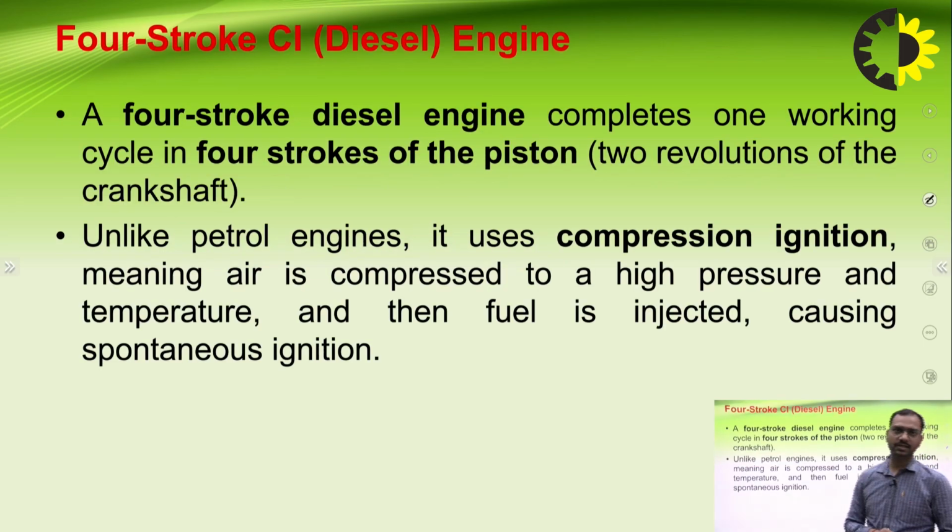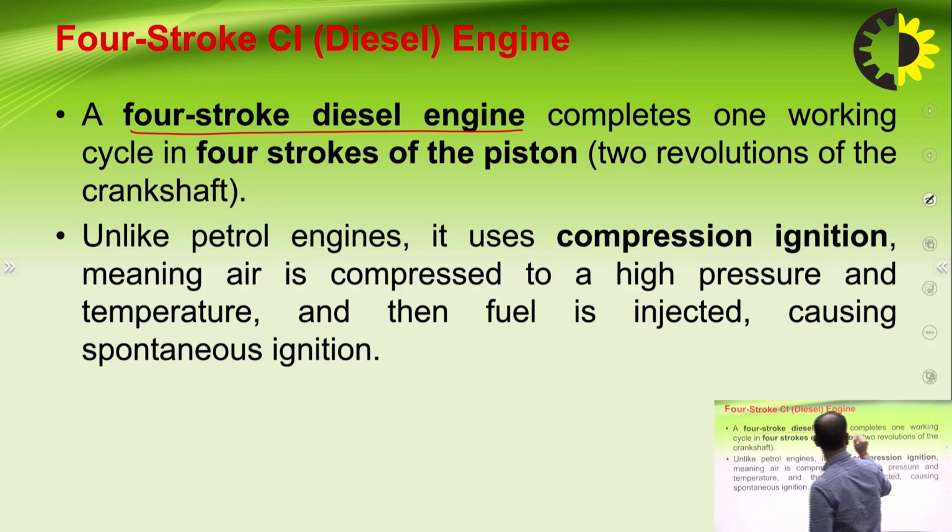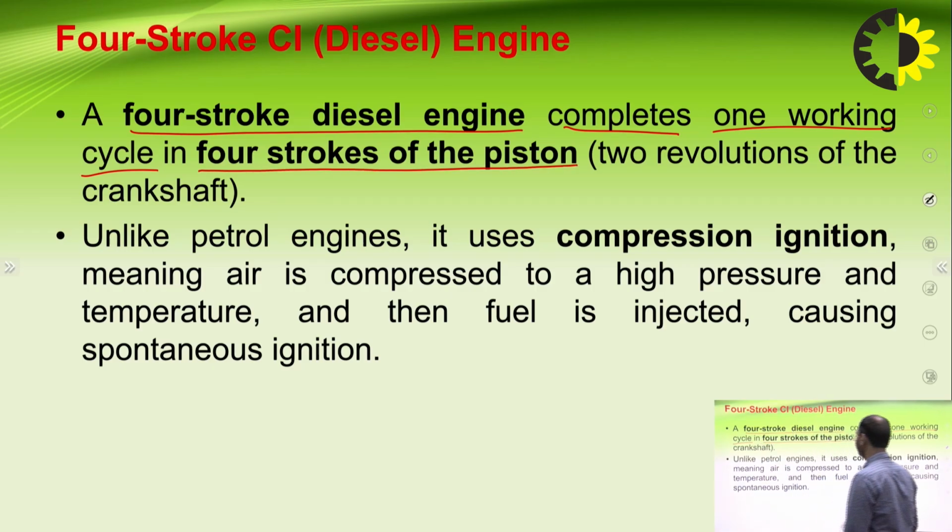Now I will discuss the construction and working of the 4-stroke CI or diesel engine. Basically, a 4-stroke diesel engine completes one working cycle in 4 strokes of the piston, in other words, 2 revolutions of the crankshaft.